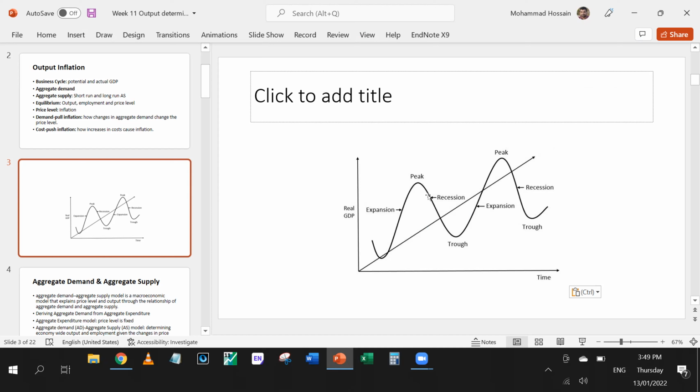We call that process recession. When the recession reaches the bottom level, we call it the trough. And again, it starts to go up, which is known as expansion. It starts to expand again. So business will always go through all these steps. It's the normal procedure of any business. Every country will go through these phases.